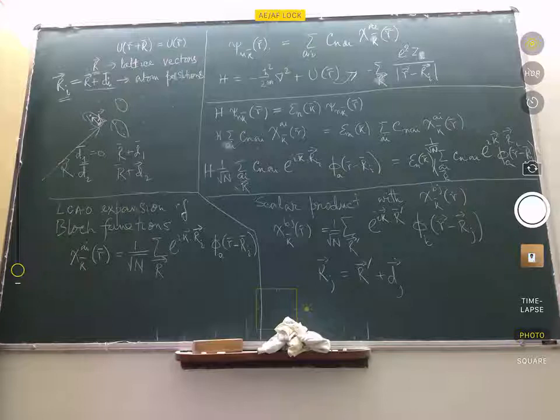Sir, in the top of the board, in the expression of psi nk, this summation is over a and over I, right? Right. Okay, sir. For the same k, you sum over all chi ai's to construct your band function.